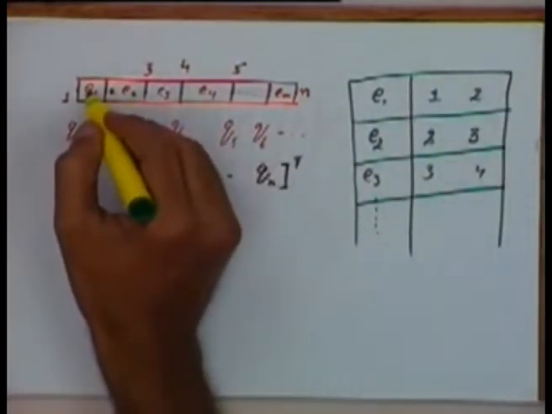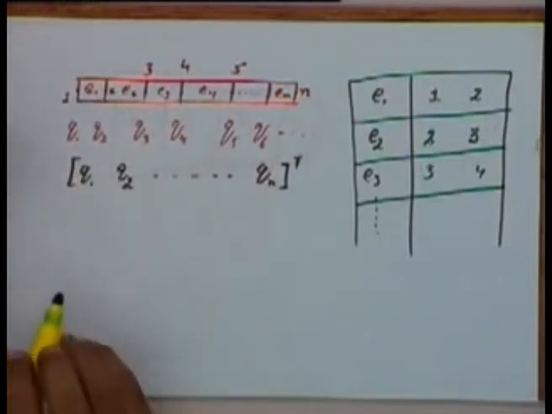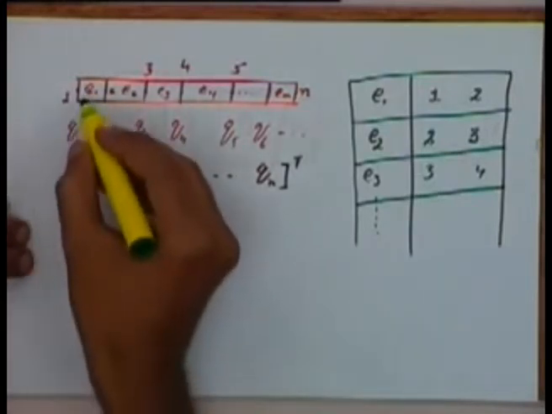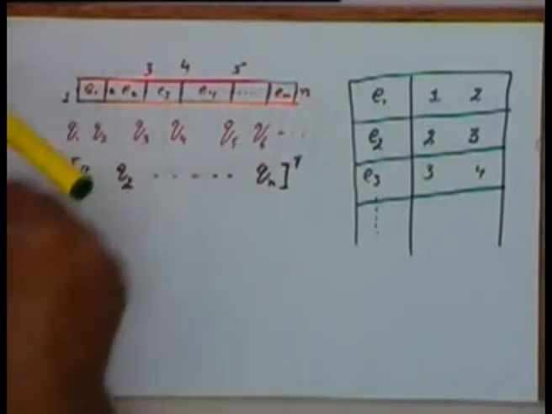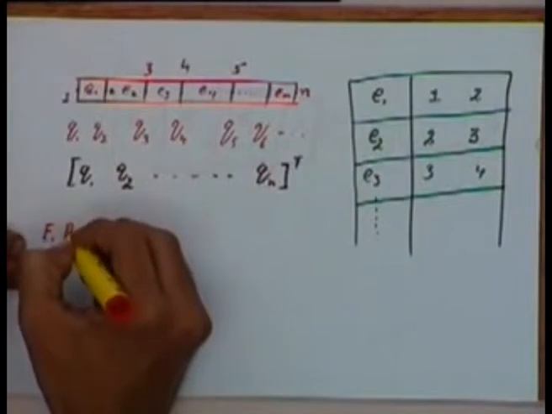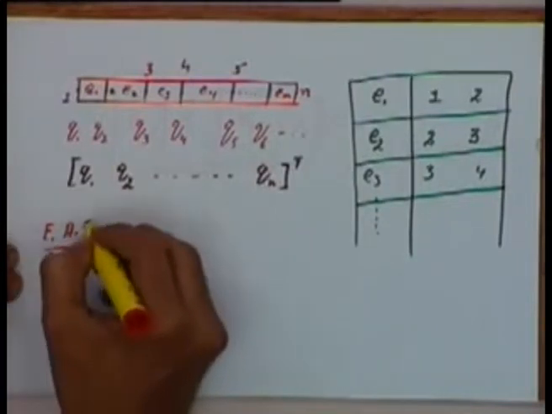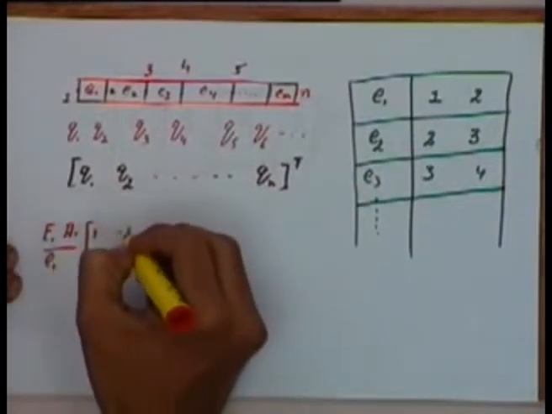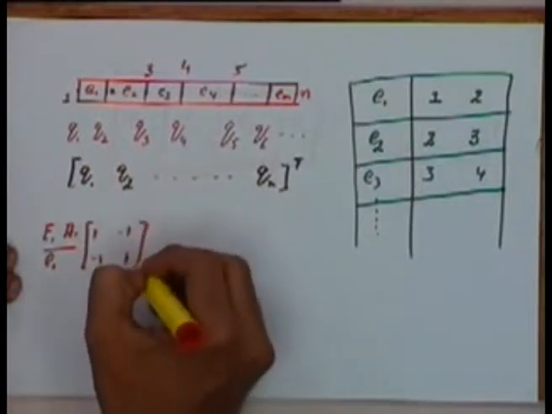If we take up the first element and we write down the stiffness matrix for this, the stiffness matrix for the first element is E1 A1 by L1 multiplied by [1 -1; -1 1].